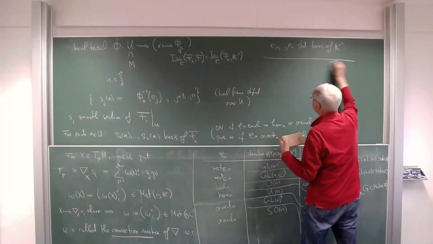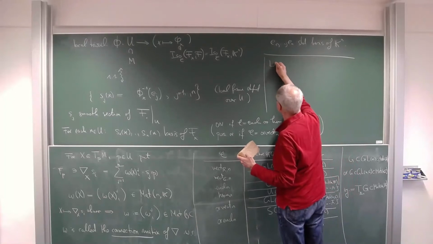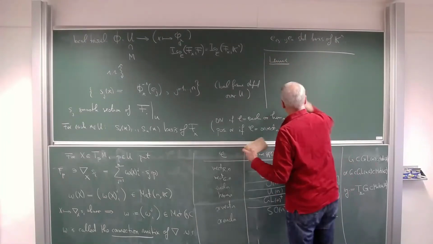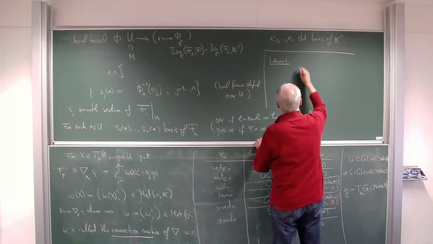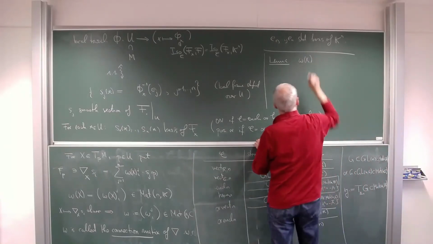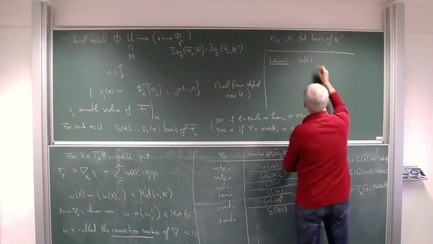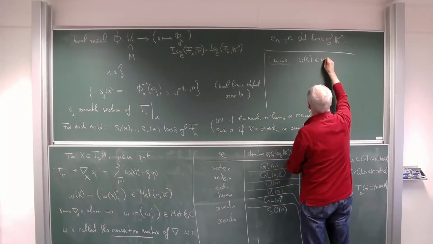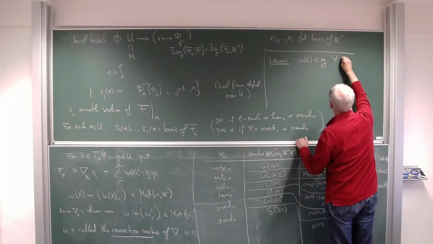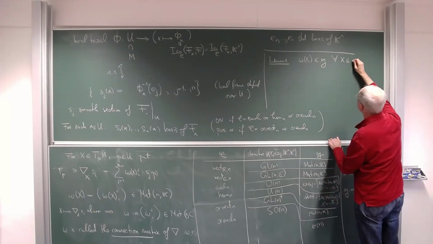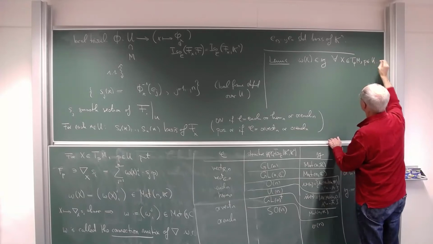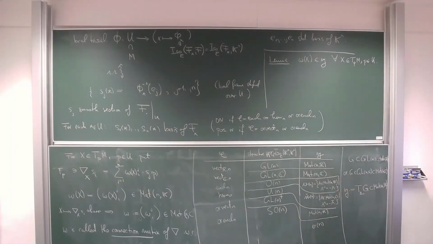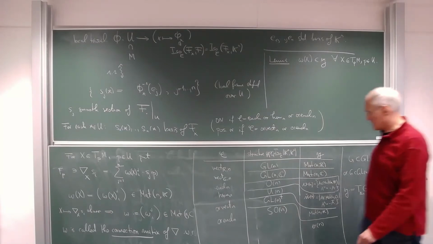So we'll call this a lemma. The matrix omega of x is contained in the Lie algebra for all x tangent to my manifold M, where p runs through the set U where the frame is defined. Okay, and so why is that?